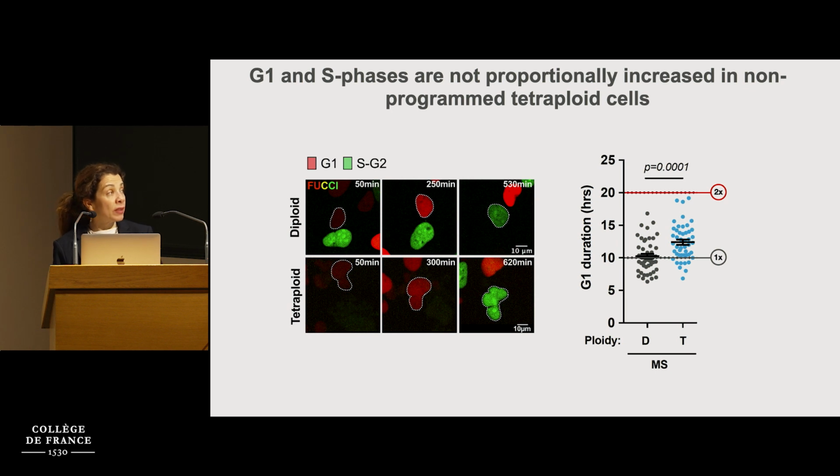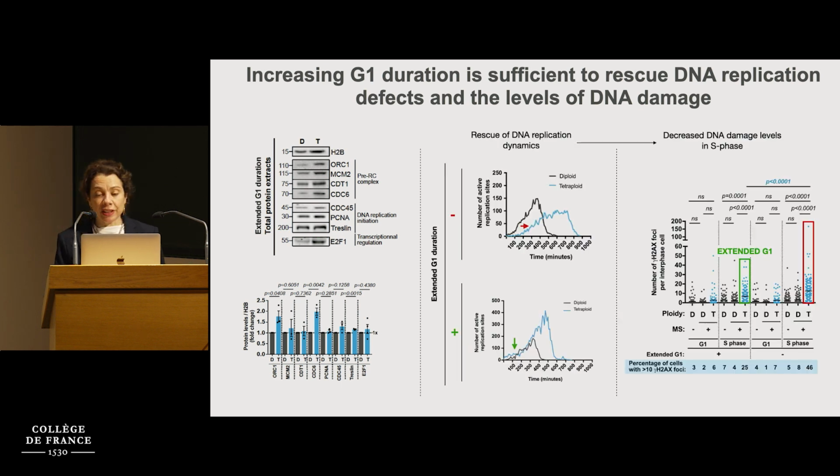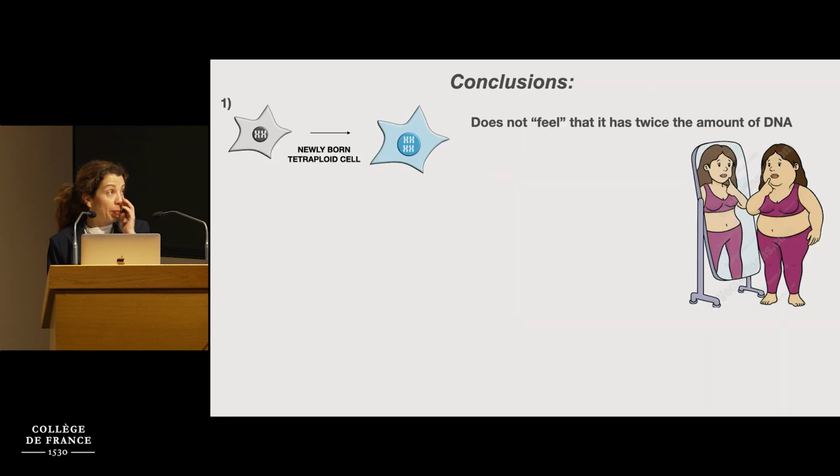And this isn't really the case because, even if statistically significant, you can see that G1 is not very different between diploid and tetraploids. So using a way of inducing a G1 delay with palbociclib, we could actually rescue the level of DNA replication factors and E2F1, which led to a different behavior in terms of DNA replication and DNA damage.